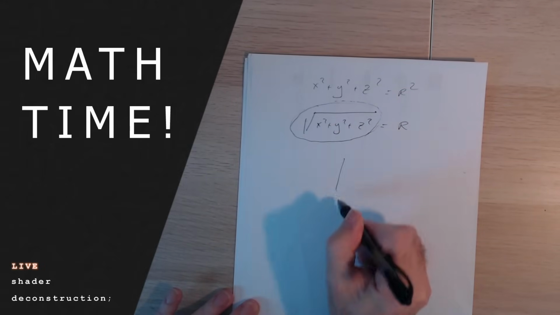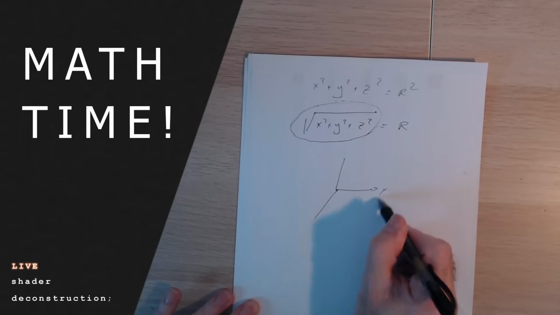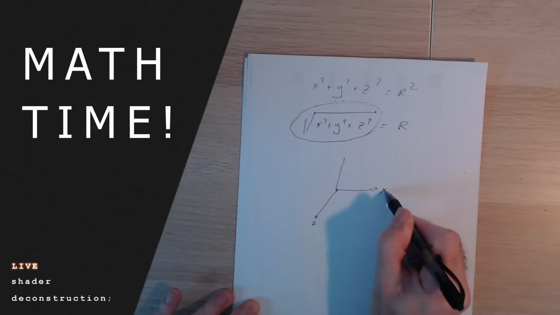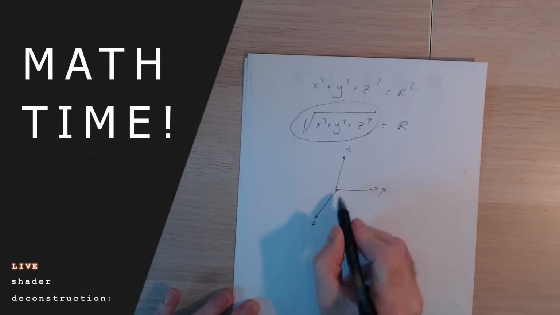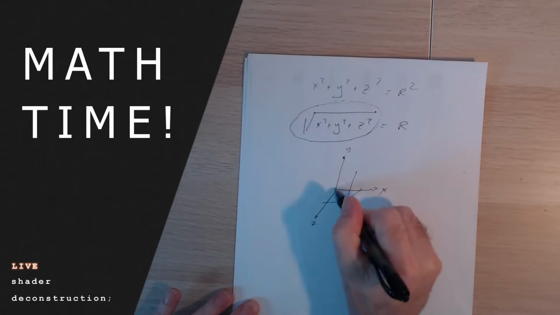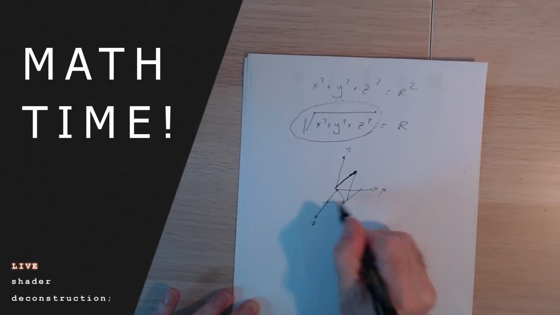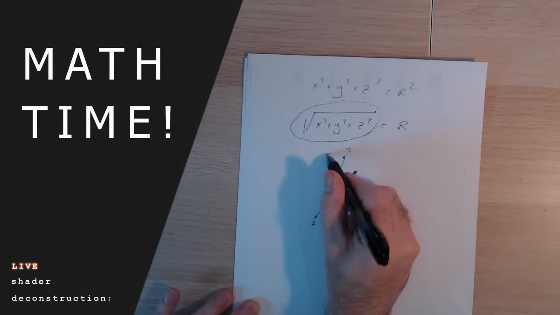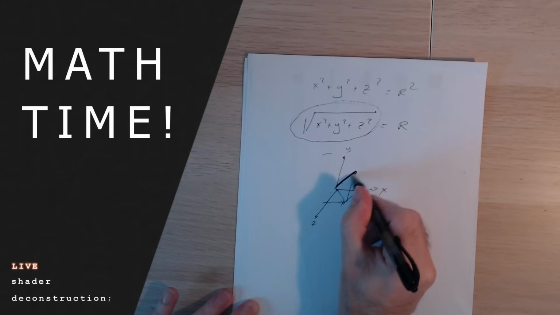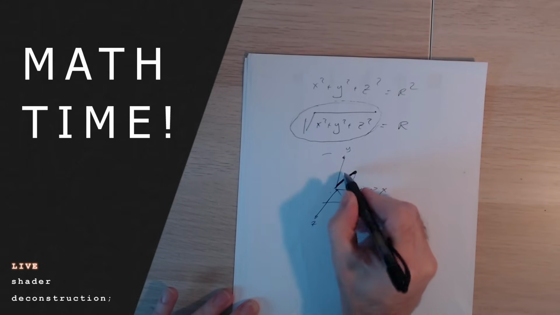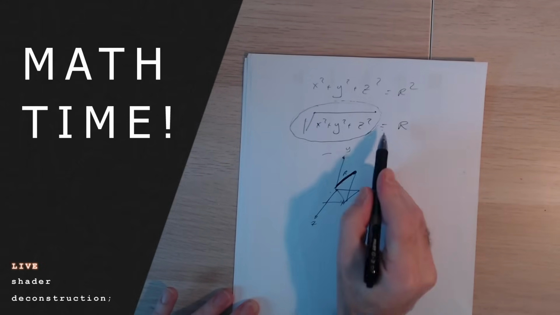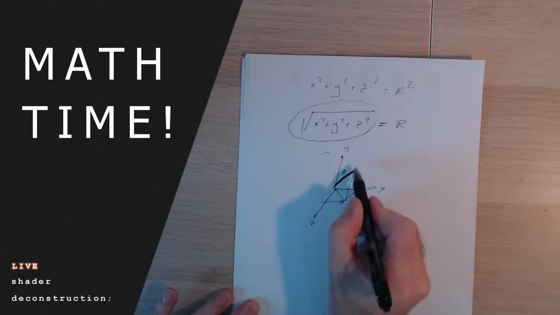So basically, for a point x, y, and z in space, we are measuring this distance. And when that distance equals r, when this equality happens, then that point is in a sphere.